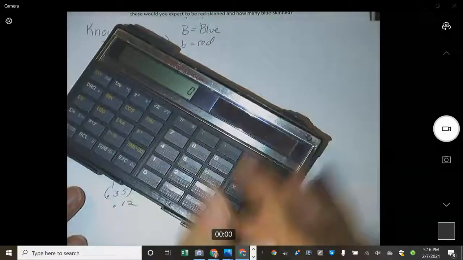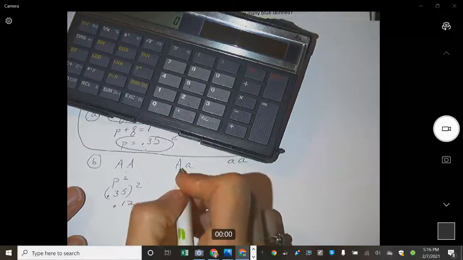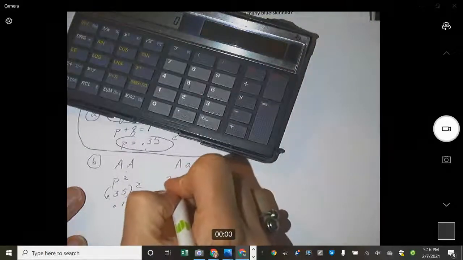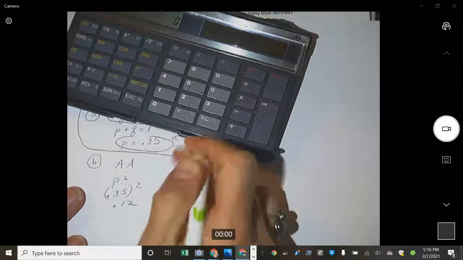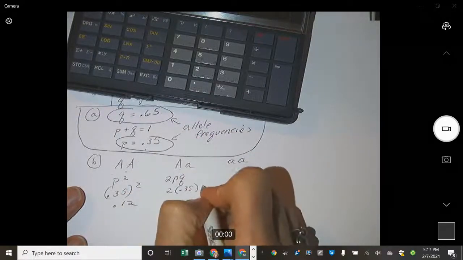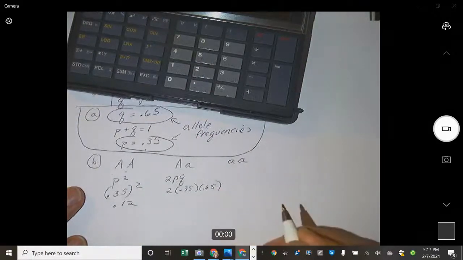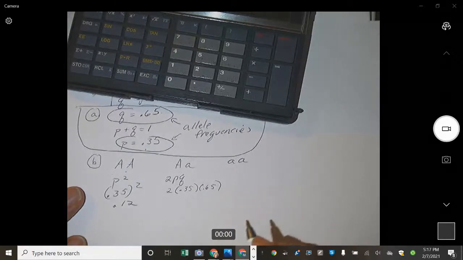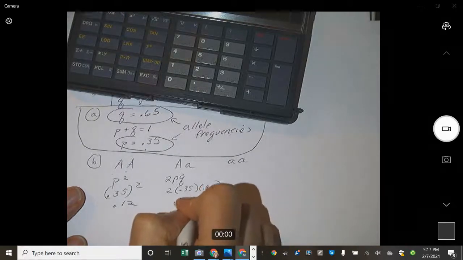Then big A, little a, that's 2PQ, which is 2 times my P, 0.35, times my Q, 0.65. If I multiply that all together, I get 0.46.